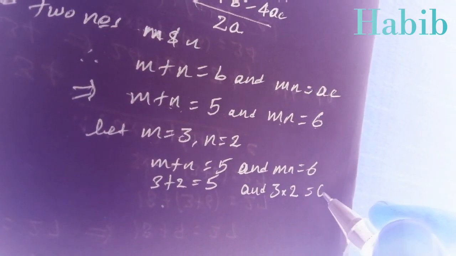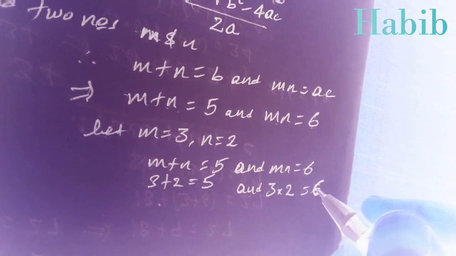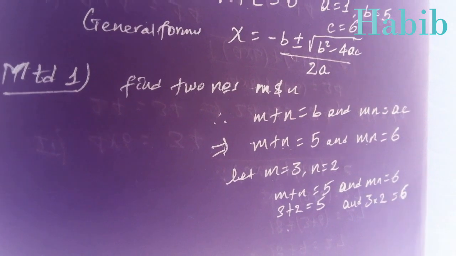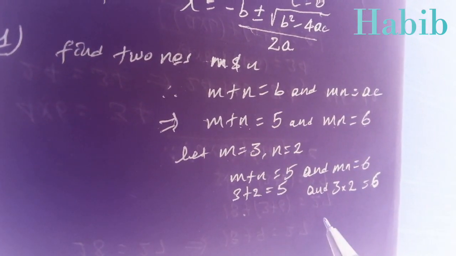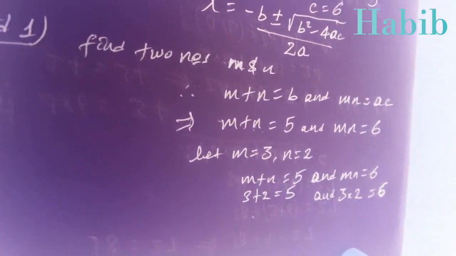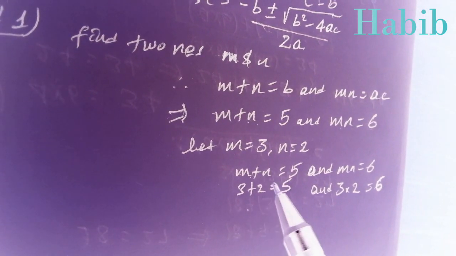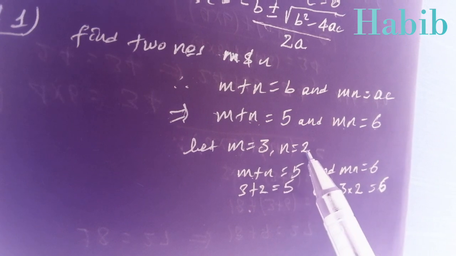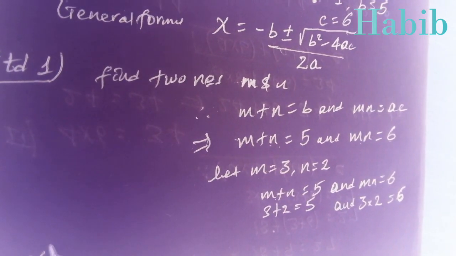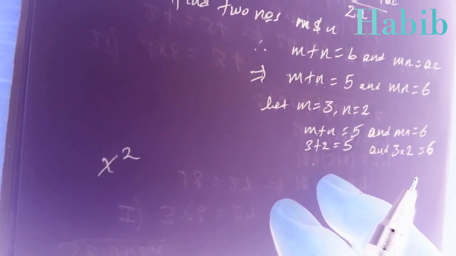Therefore, these two numbers, 3 and 2, satisfy our conditions. Therefore, we can choose those two. We can also try another pair, for example, 6 and 1. If you add them you get 7, therefore it fails one condition.